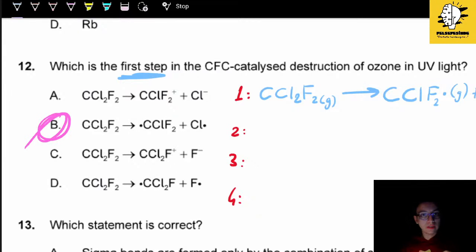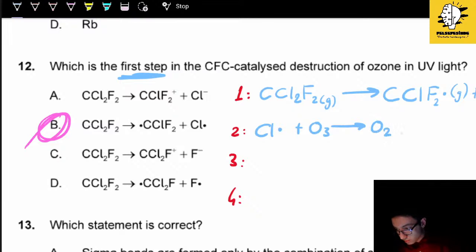But do you want me to write the other equations as well again? Yeah, I think we can write it. Maybe we will be reminded of these equations, because they need some memory. Definitely. And another free radical, and I have to remind you that this chlorine free radical is a catalyst, okay? This is a catalyst.